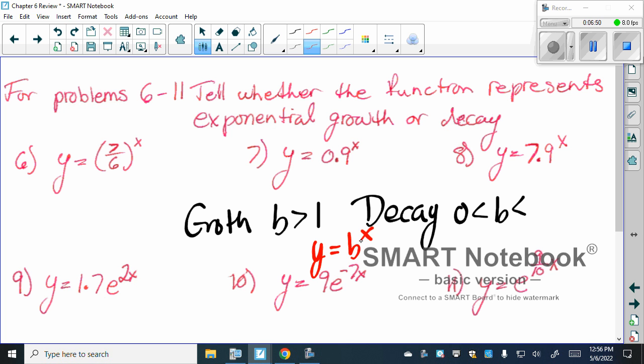If we look at the first one, y equals 7/6 to the x, would this be growth or decay? Growth, because our value of b is 7/6, and 7/6 is greater than 1. Number 7, 0.9 to the x, is decay because it's less than 1.